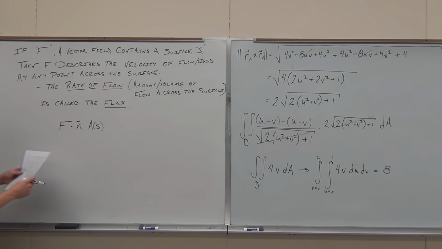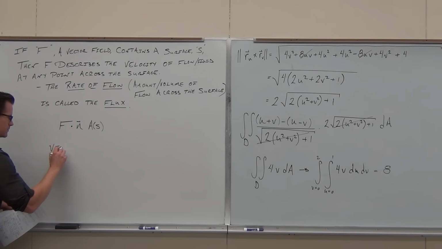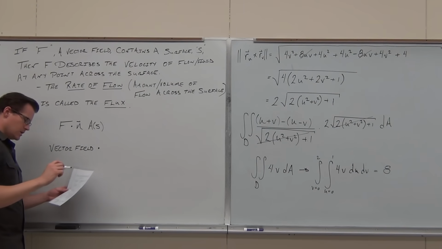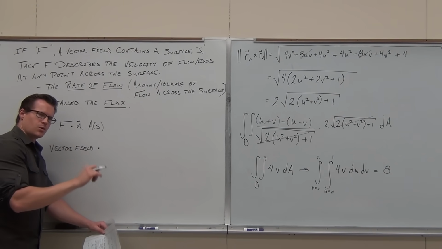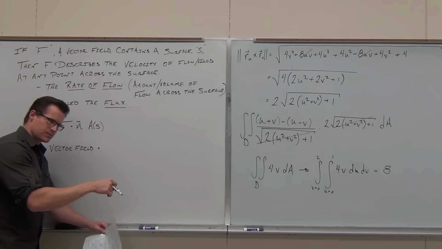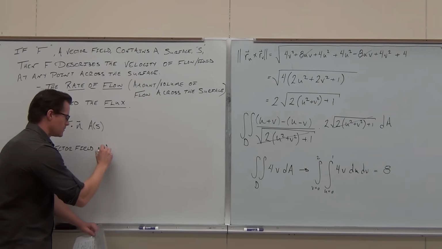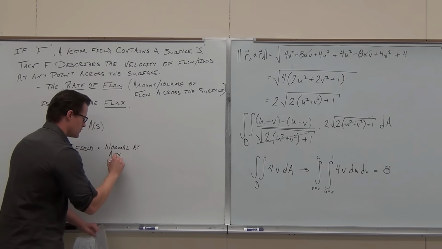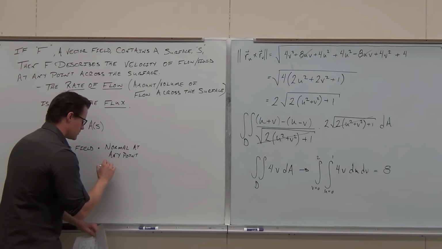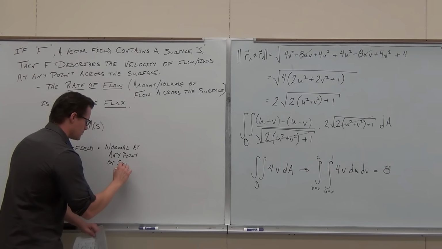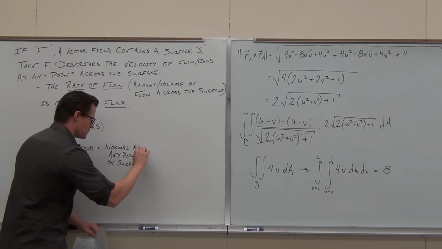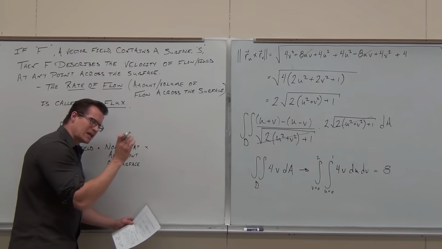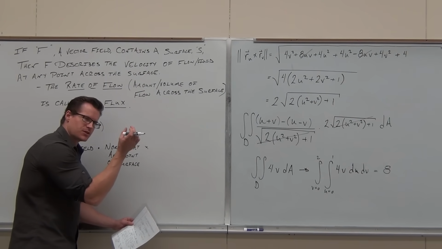What does this really mean? This is a vector field dotted with the normal at any point of that surface. Not cross, just a little times multiplication. The area of a really small piece of the surface.